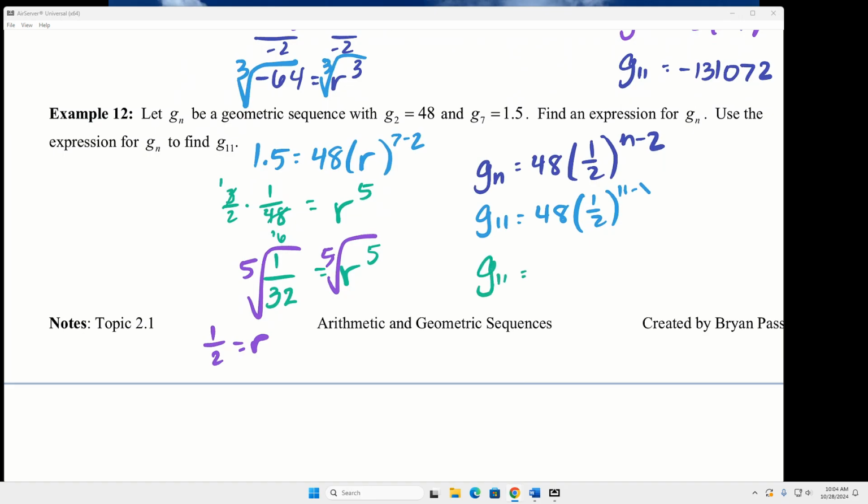All right, they probably would have you do this in the calculator, actually. If I gave you this one, I wouldn't have it be all the way to the 11th term. I would probably have you find the second term or the 4th term or something like that.